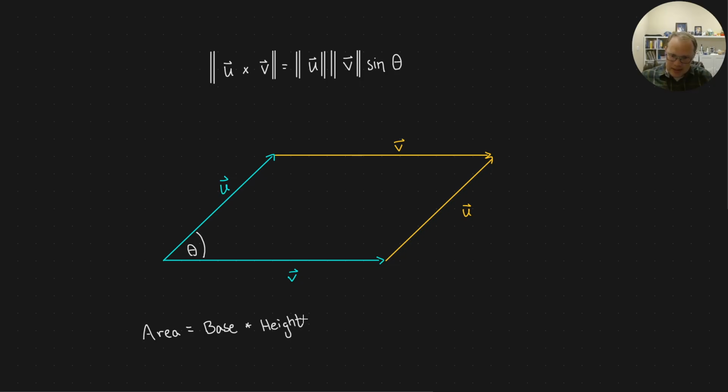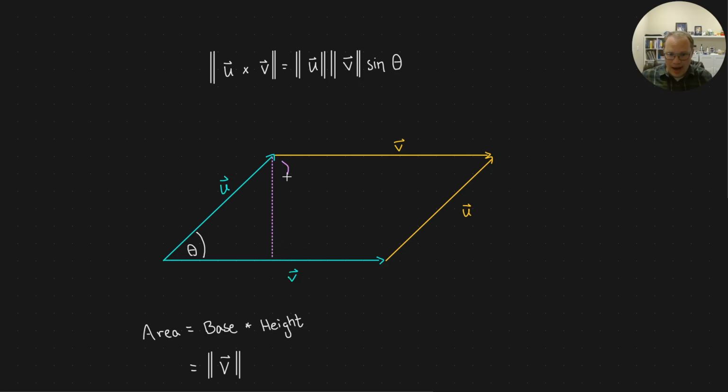Now the base is easy. I can choose vector v to be the base, and so I need the length of that base, which would be the norm of v. So I'll take the norm of v, that's the length of the base of the parallelogram, and then I need the height. For the height, I need it directly straight up from the base.